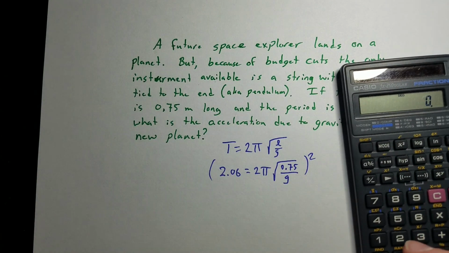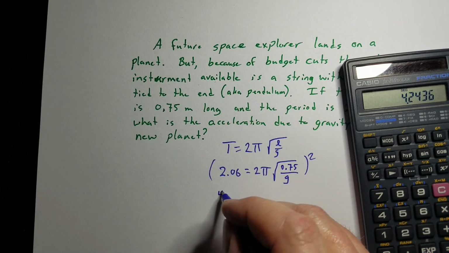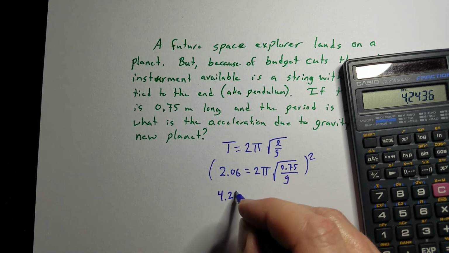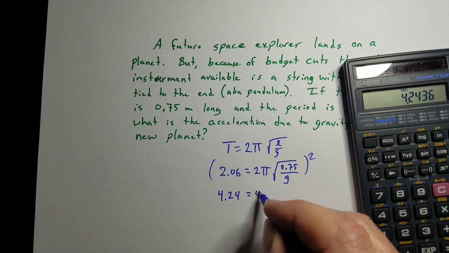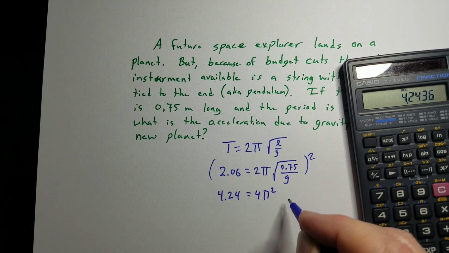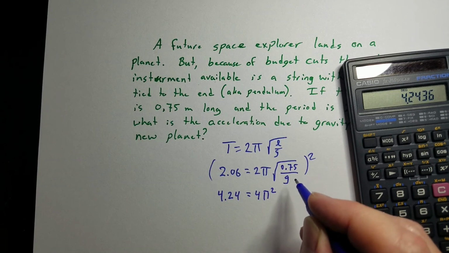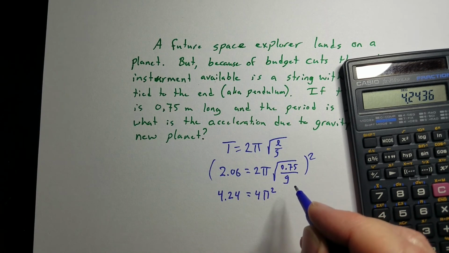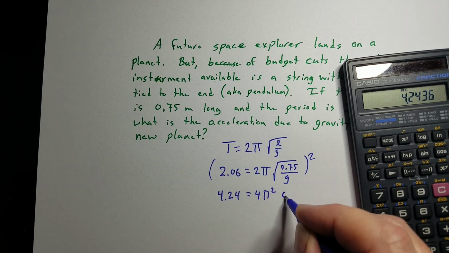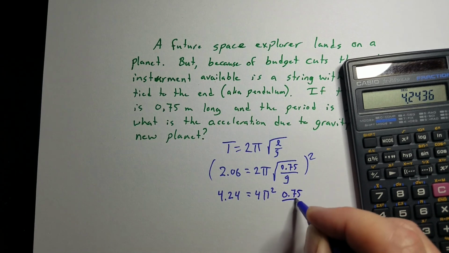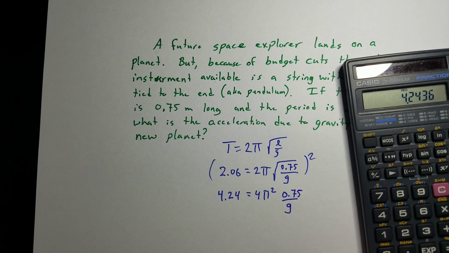So 2.06 squared is 4.24 equals 4 pi squared, and then the square gets rid of the square root. And so we have 0.75 over g. And then we just multiply through.